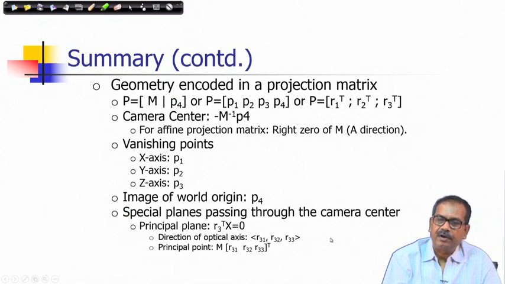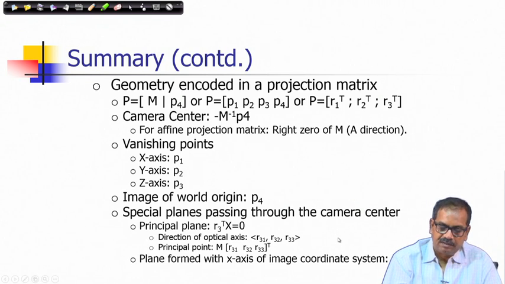The principal point is the intersection of the principal axis with the image plane, which is expressed by this relationship. M is the corresponding 3 cross 3 submatrix of the projection matrix. We need to multiply the direction of the optical axis with M, and you will get the principal point.